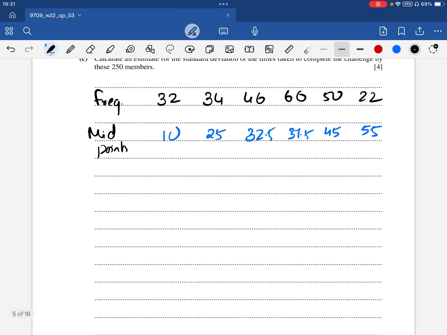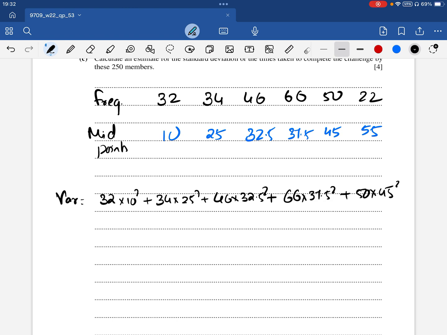Then I'm going to find the variance. Variance is 32 times 10 squared, plus 34 times 25 squared, plus 46 times 32.5 squared, plus 66 times 37.5 squared, plus 50 times 45 squared, plus 22 times 55 squared, whole divided by 250, then minus 34.4 squared.